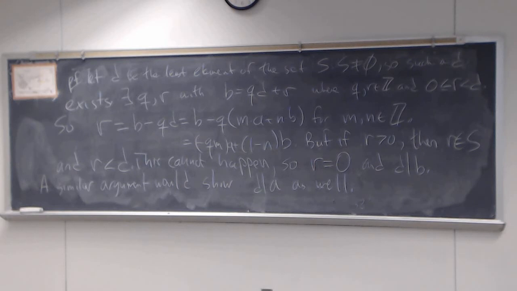Let's assume the bigger one is B. So we get A equals some Q1 B plus some remainder R1.